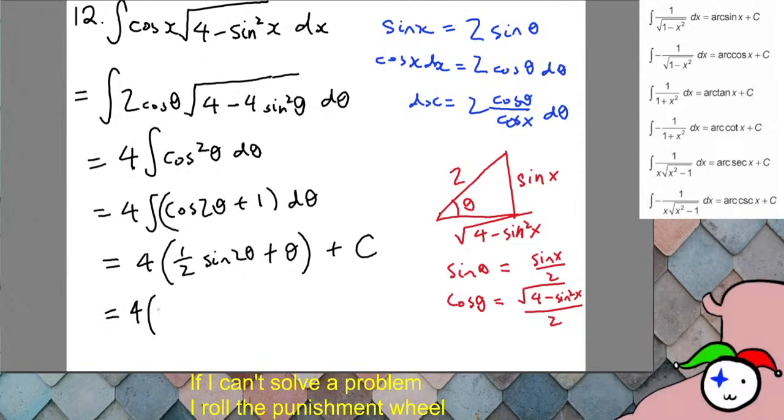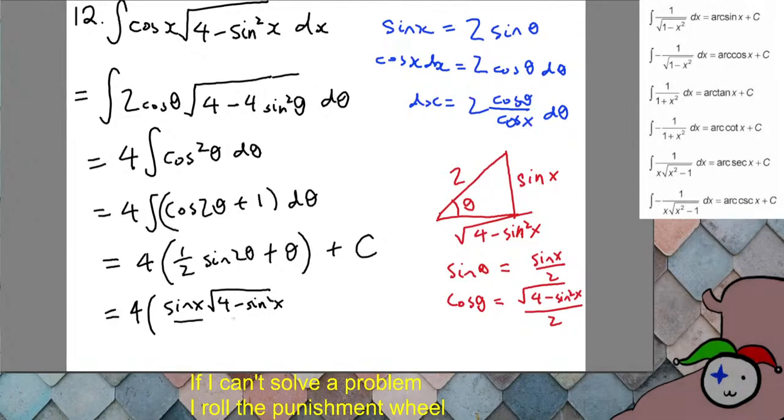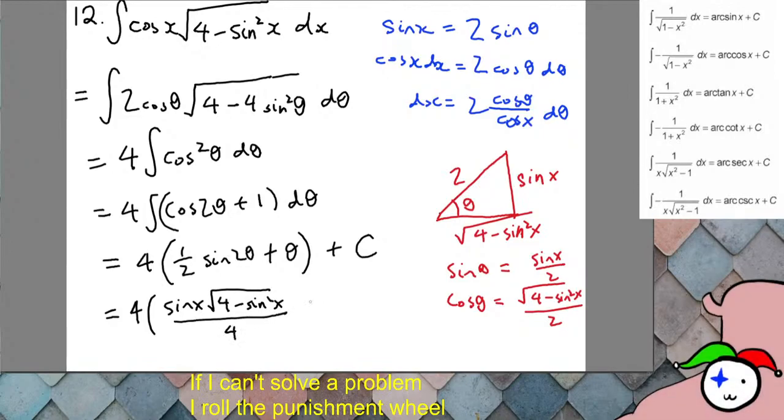So it's 4 times sine theta times cosine theta, my bad, which is sine x times square root of 4 minus sine square x over 4, plus theta, which at this point is the arc sine of sine x over 2.